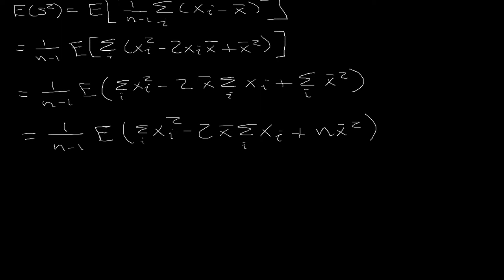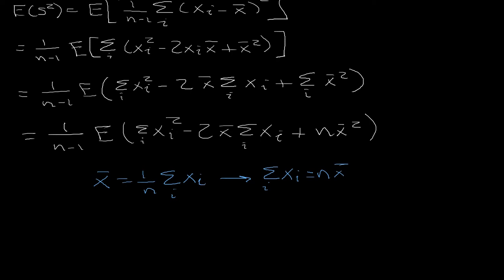So now we need to consider the following. X bar, which is just the sample mean, is computed like this. So this means that if we take this n and move it to the other side, then we're going to have the following expression, n x bar.